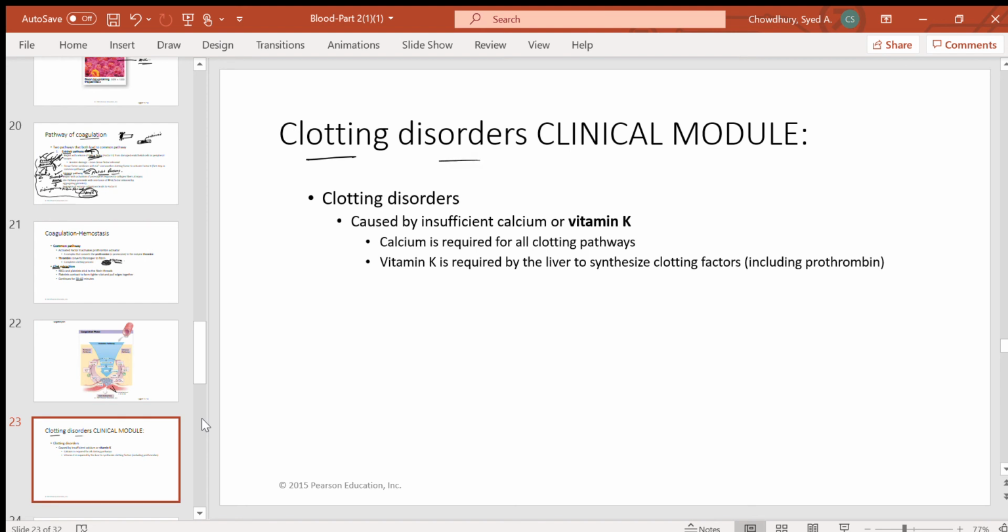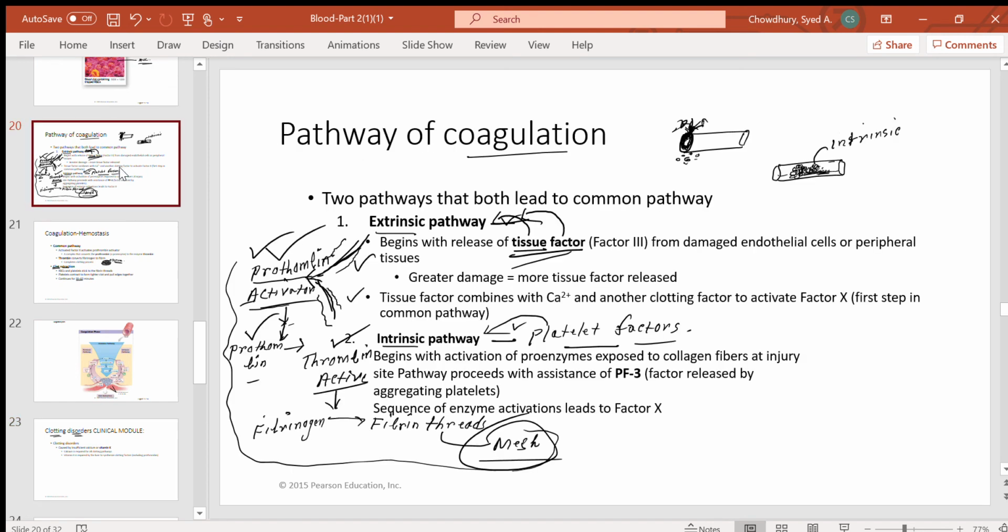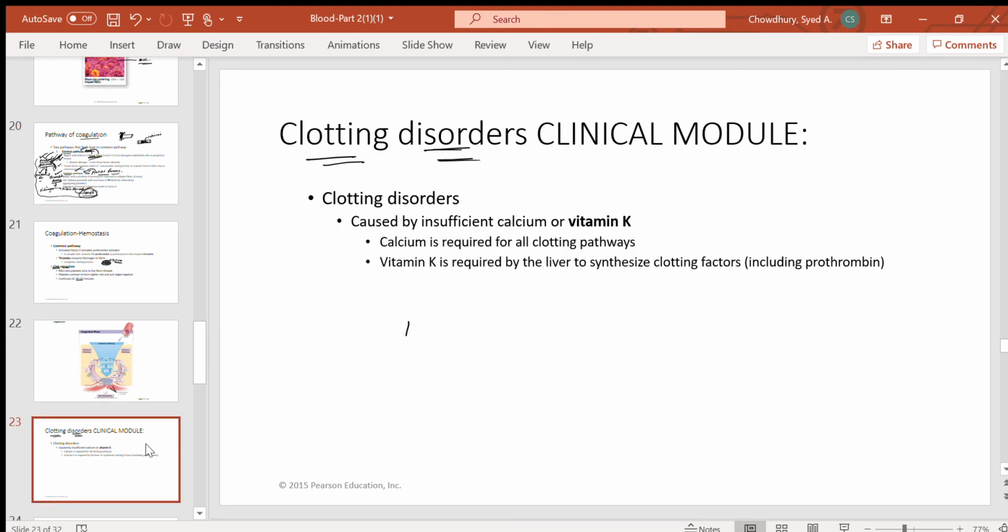Clotting disorders. If there is a lack of clotting factors in your blood, that might cause slow clot formation. For example, in your blood you must remember you have two pathways, extrinsic and intrinsic, and a series of reactions, right? And you have 13 different clot factors.